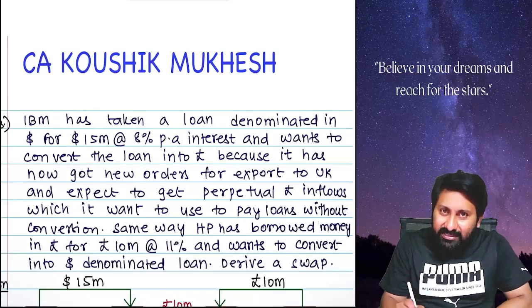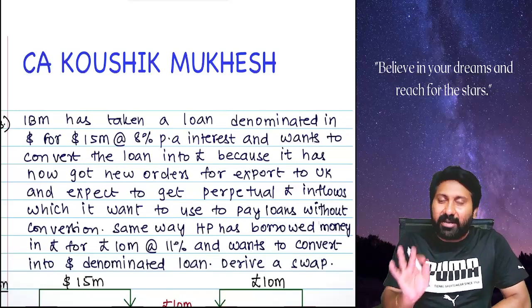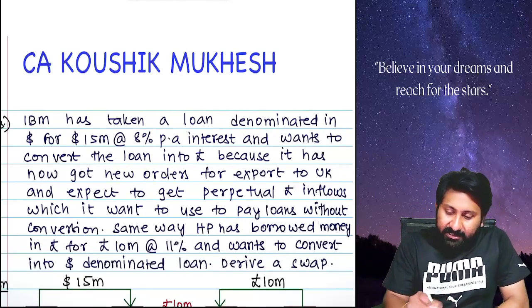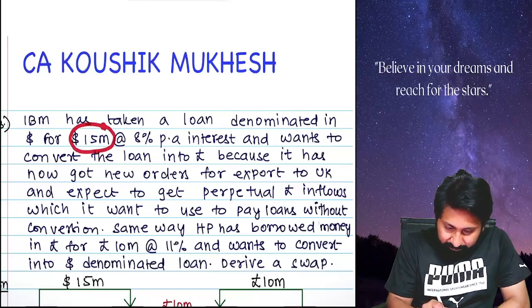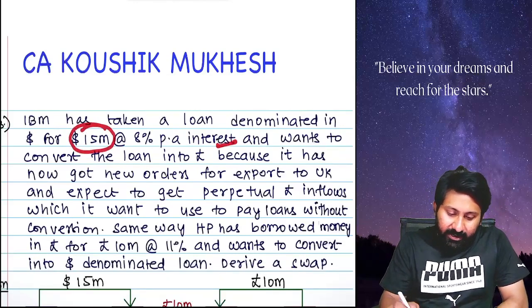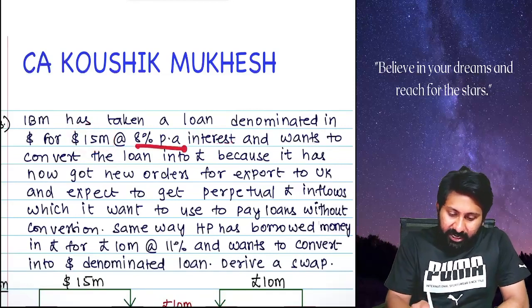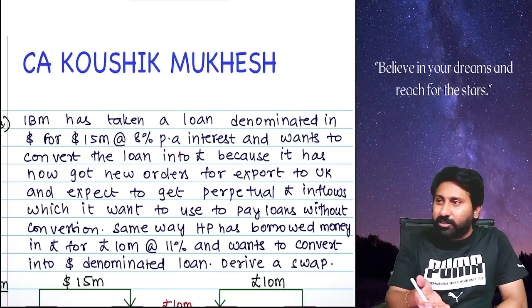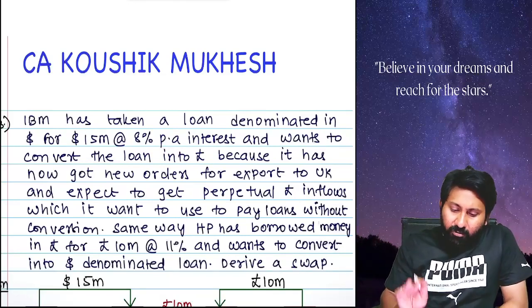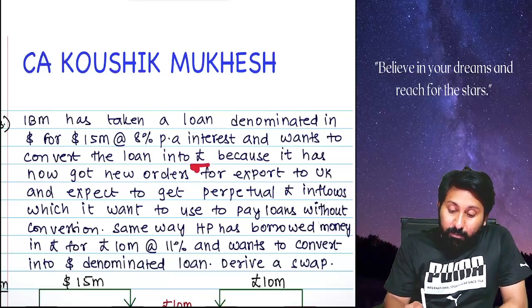This is a classic example to explain why swaps are entered in real life. See here, IBM has taken a loan in dollar and pays interest at 8%. Same numbers as the last question. It wants to convert that into pounds.